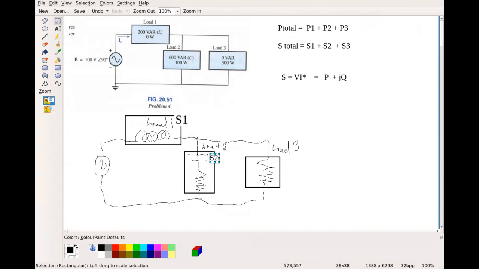And this is S2. And this is S3. They're just giving us the load, so these are the apparent powers.